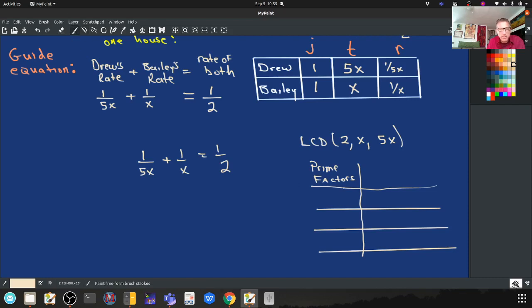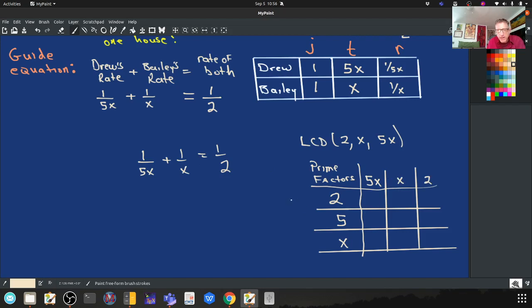So when you're looking at the prime factors, you look at the variable term and the constant term. 2 is prime, and 5 is prime, and I only have one variable term, that's x. Now what we want to do is just list all of the denominators. This is called my table method for finding the LCD. So my first denominator is 5x. My second denominator is x, and my third denominator is 2.